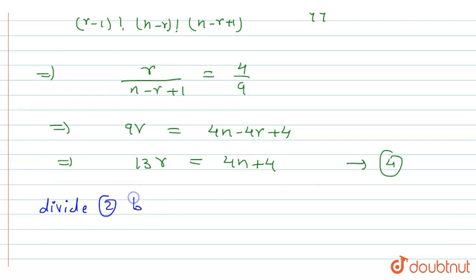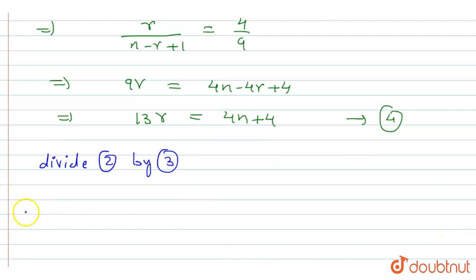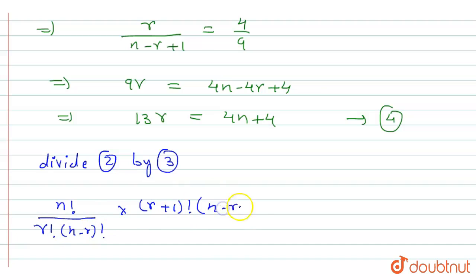On dividing the second by the third, we get nCr, which is n factorial upon r factorial and (n-r) factorial, divided by nC(r+1), which is n factorial upon (r+1) factorial and (n-r-1) factorial, equal to 495 upon 972.